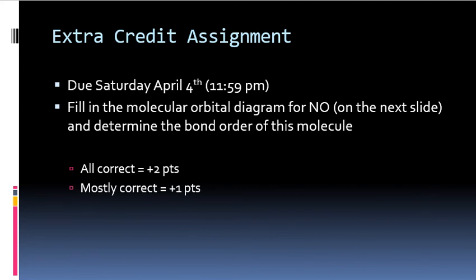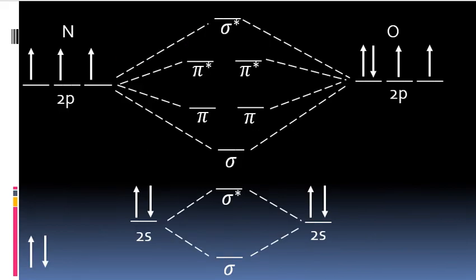So the actual diagram, not only do I have the skeleton made for you, I've already oriented the valence electrons for you. For this extra credit, I just want you to show me how the valence electrons from the atomic orbitals are used to fill the molecular orbitals in the center, and then calculate the bond order.